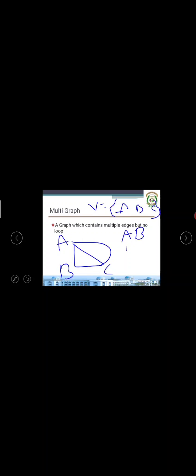Next, what is a multigraph? Can anybody say? A graph which contains multiple edges but no loops. That is called a multigraph. Observe this example carefully. This is A, this is B, this is C. When I write the edge set for this graph, the vertex set is the same: three vertices A, B, C. While writing the edge set: AB, then BC, then AC, then this AC.